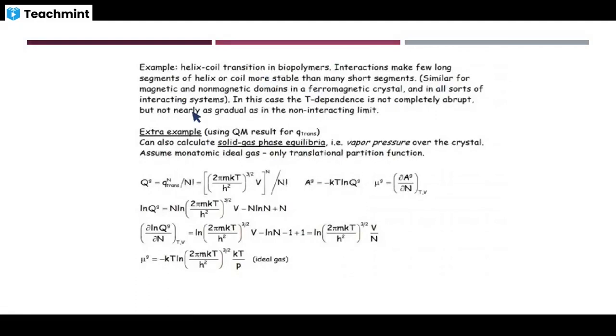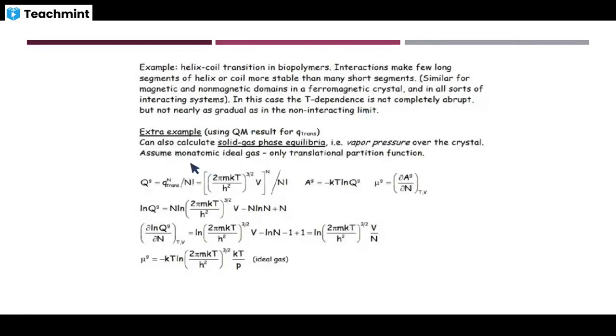It is similar for magnetic and non-magnetic domains in a ferromagnetic crystal and in all sorts of interacting systems. In this case, the temperature dependence is not completely abrupt, but not nearly as gradual as in the non-interacting system.